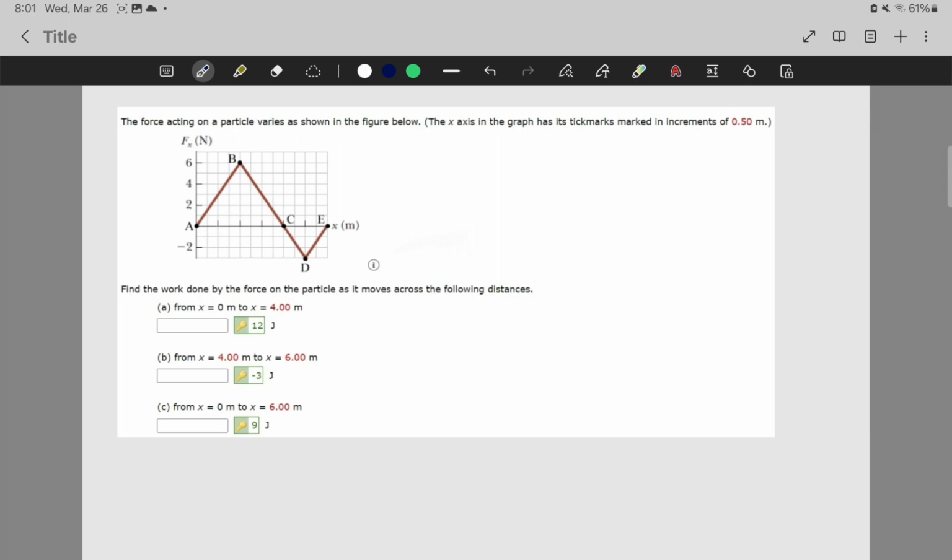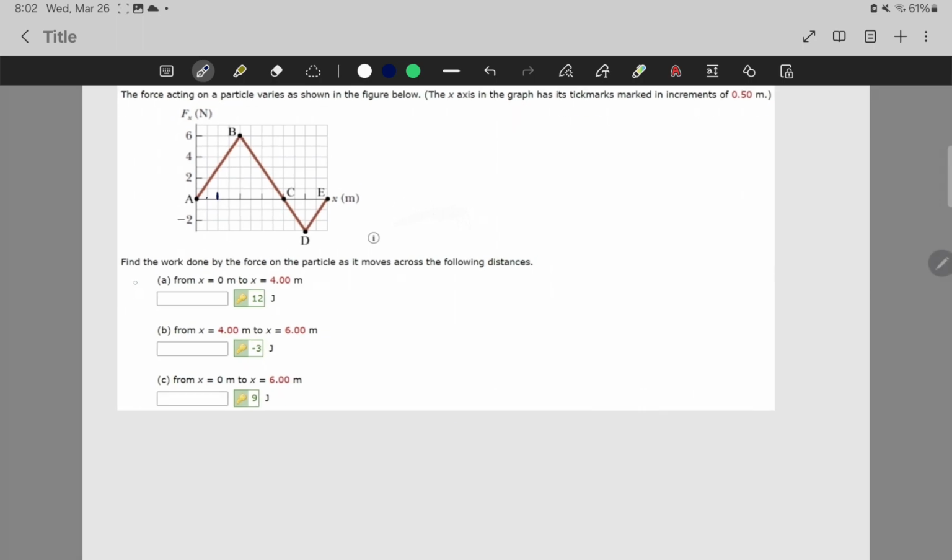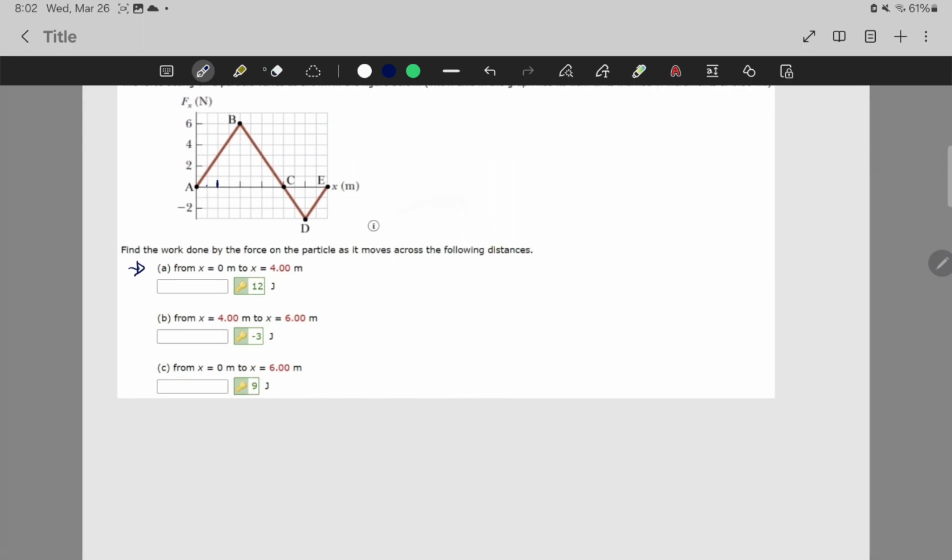Each of these ticks here is 0.5, so each of the larger ticks is 1 meter. For part A, find the work done by the force on the particle as it moves across the following distances. For part A, from 0 to 4 meters, which is 1, 2, 3, 4.